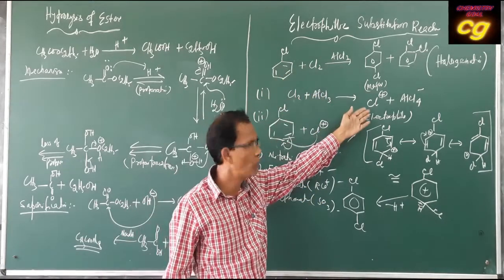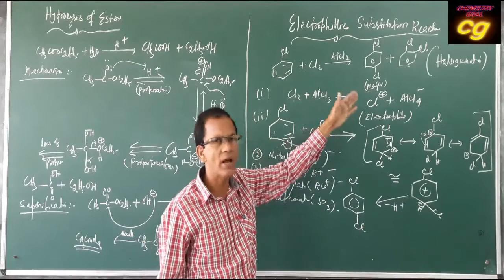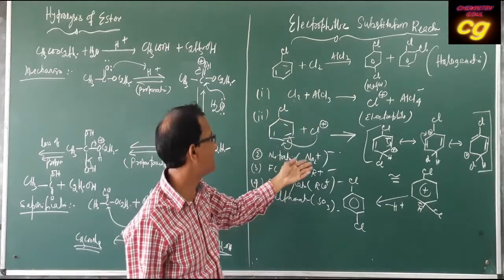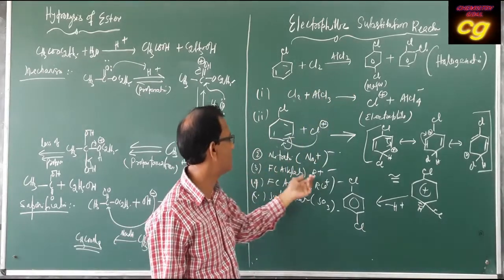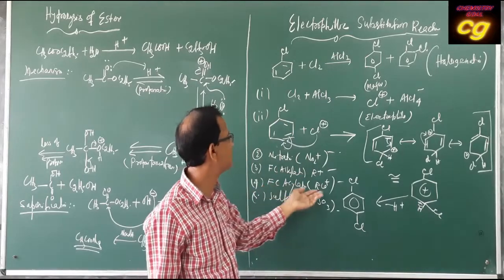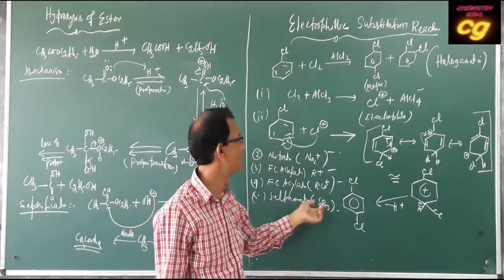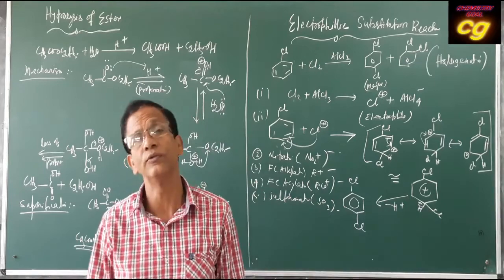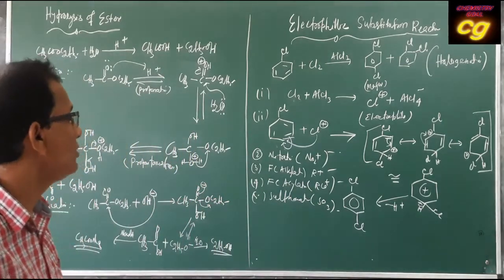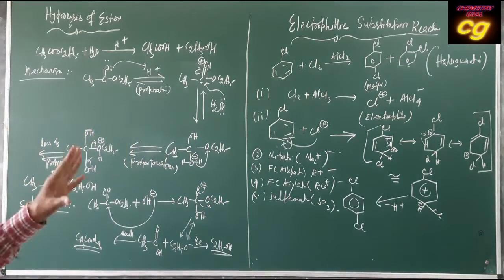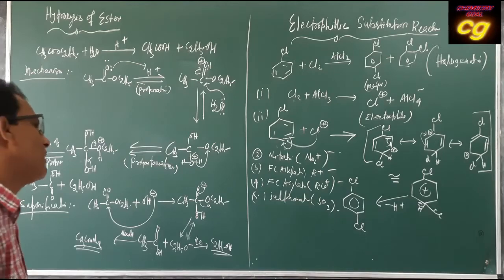Halogenation means halonium ion, chloronium ion, bromonium ion like this. Nitration NO2 plus, alkylation R plus, acylation RCO plus, and sulfonation SO3. These are called electrophilic substitution reactions. You have to take care at which position you want to attach the electrophile. You want to substitute the electrophile in place of hydrogen.